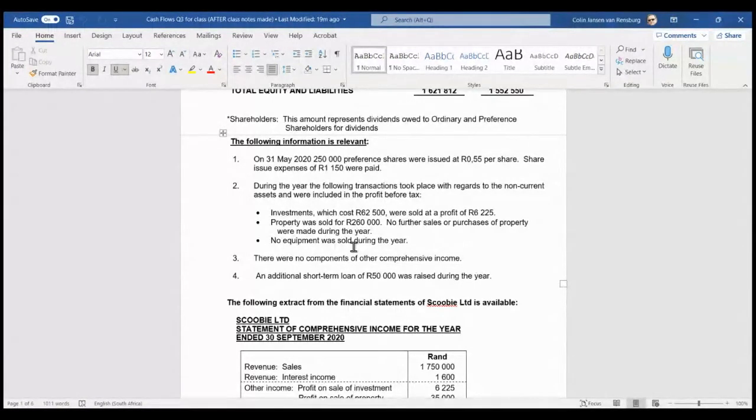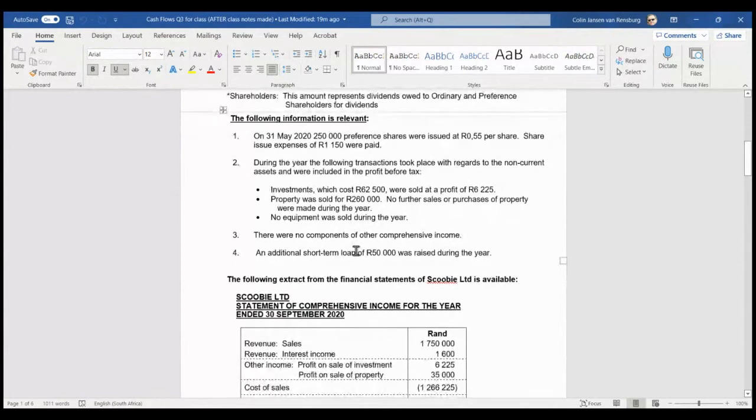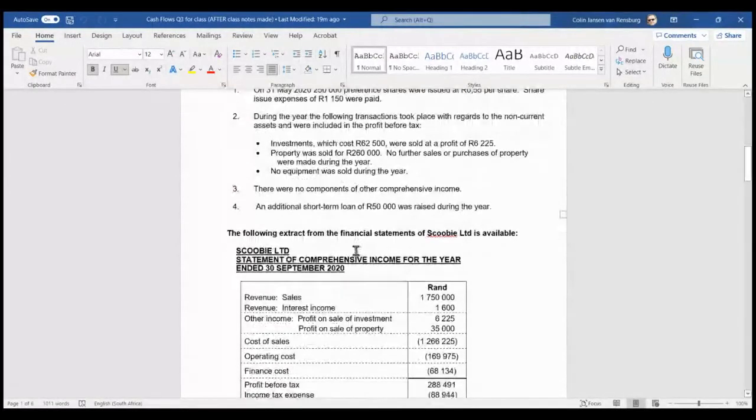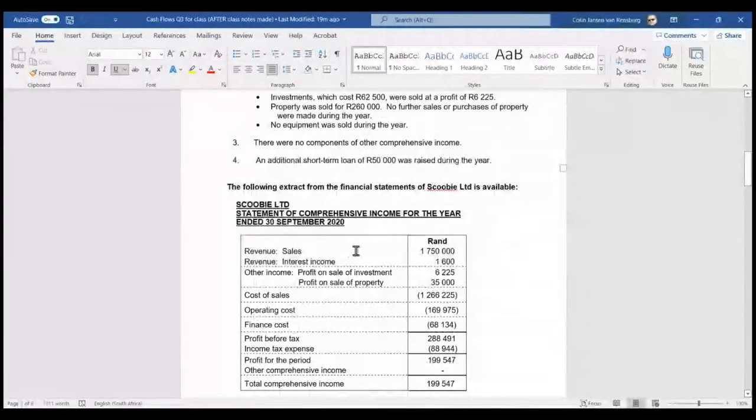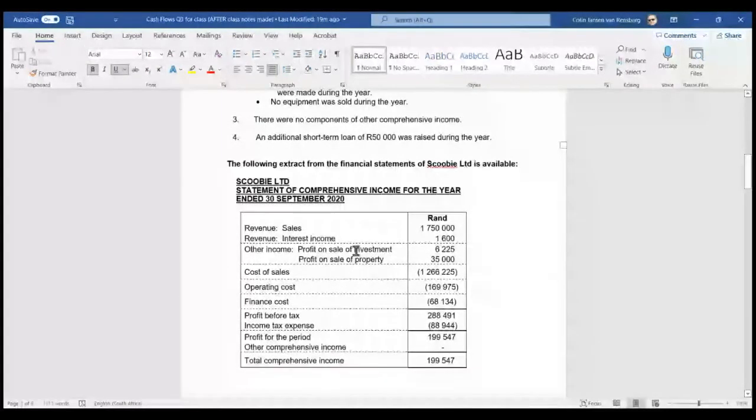So what I normally suggest is we go through our statement of comprehensive income, we go through our statement of changes in equity, we go through the notes, or in this case, the additional information, and we indicate for ourselves what each kind of activity represents, so that later on, when we deal with the various sections in the statement or in the note, we can simply come back and look at those items that are applicable.